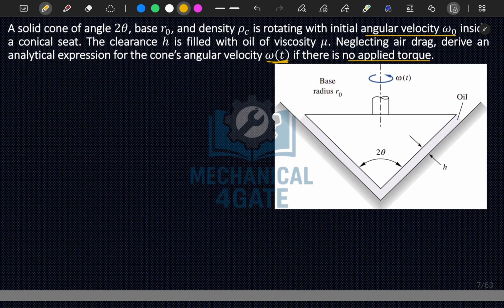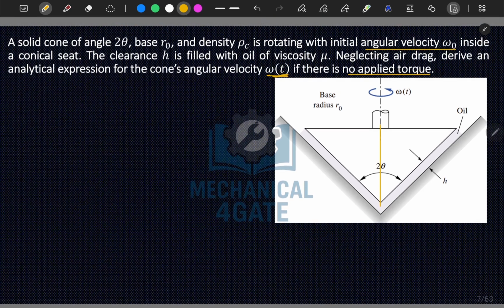So in this question, this is your central axis, and with respect to your central axis the radius is varying. Let's take a distance y from the apex of the cone.